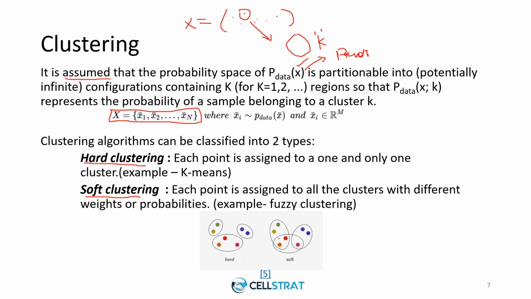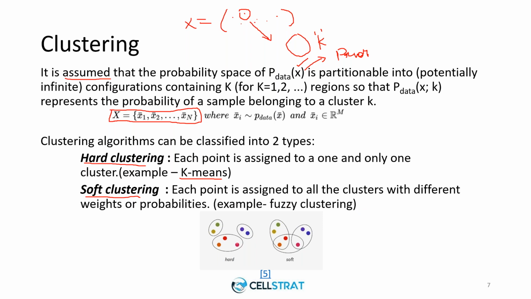And when we say soft clustering, there is a chance that a data point can belong to two or more clusters. One example of hard clustering is K-means, which we'll be discussing today. An example of soft clustering is fuzzy clustering or Gaussian clustering, which we'll be discussing in future courses.